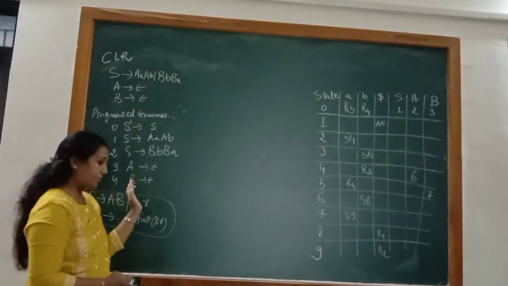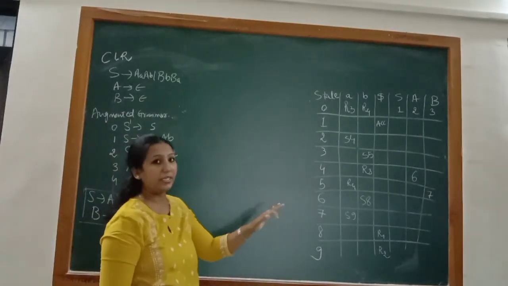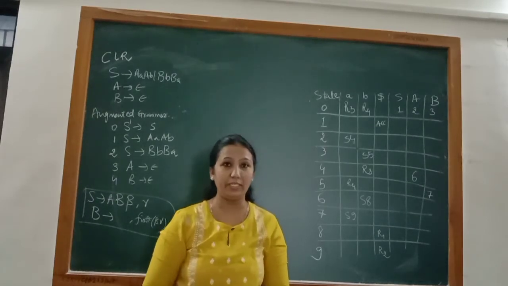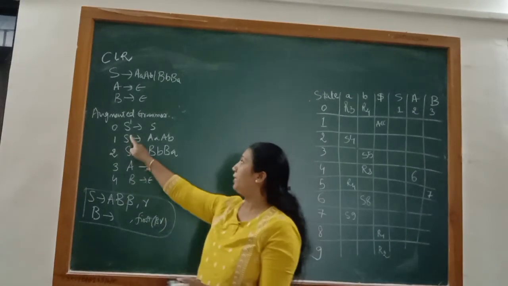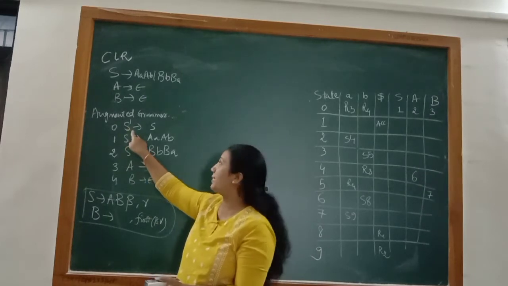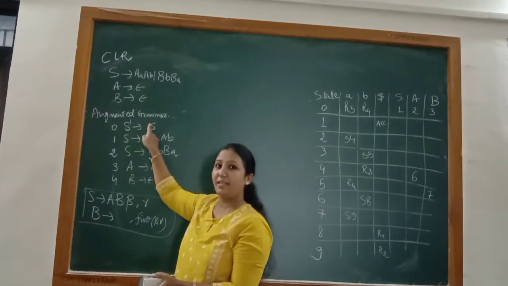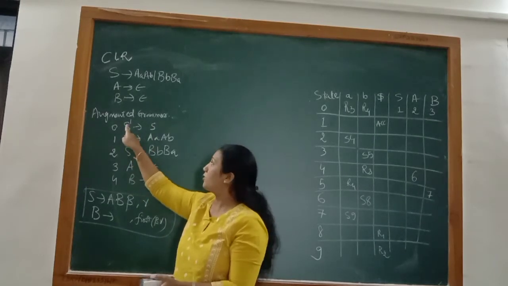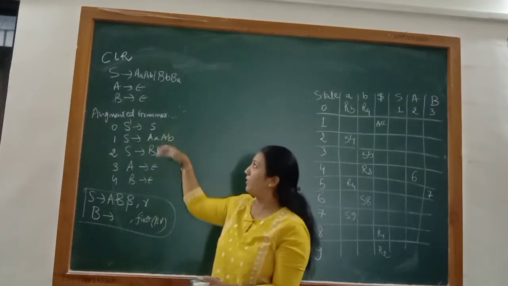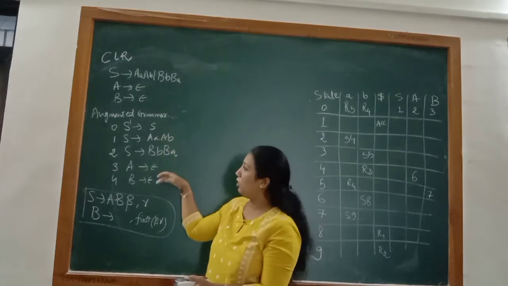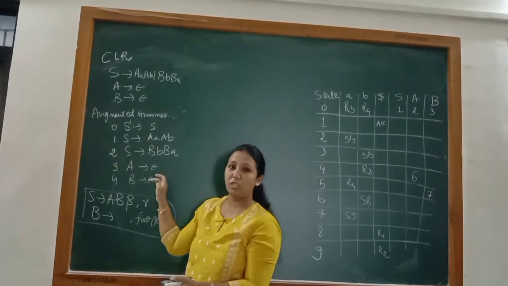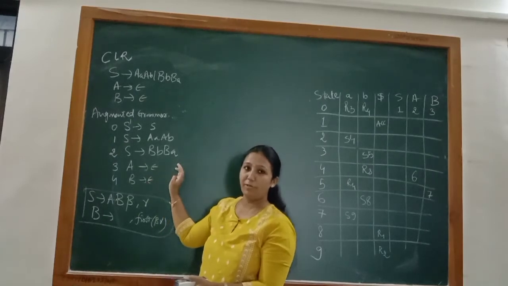Now we are interested in creating the CLR parsing table. The first step is to make the grammar augmented. The grammar can be augmented by introducing a new production S' to S, introducing a new non-terminal for the starting symbol. This is the augmented grammar. I mention all the productions here and give numbers to all of them, so the augmented grammar is ready.